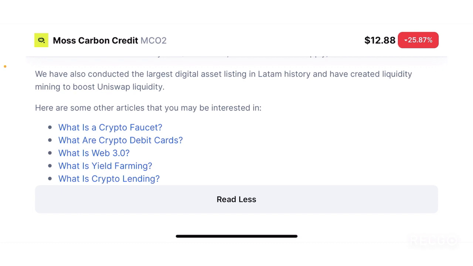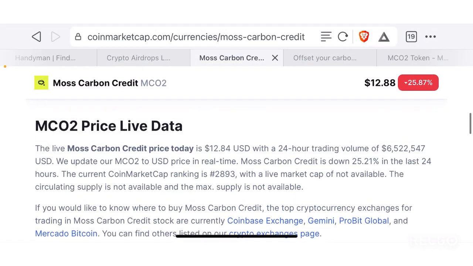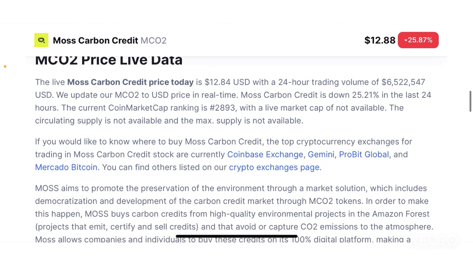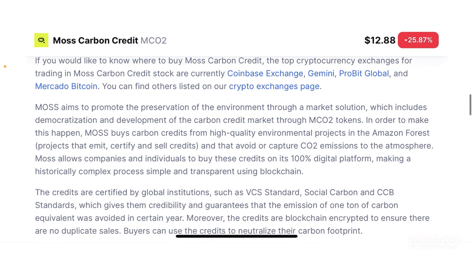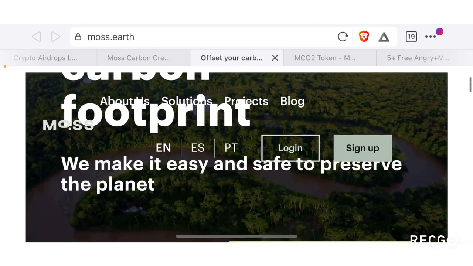So it's kind of interesting to see if they'll be expanding to other chains as well. But that's a quick overview of what Moss as well as the MCO2 token does, even though they haven't really spoken a lot about the functionalities of MCO2. So let's go to their website to see what other information it has.